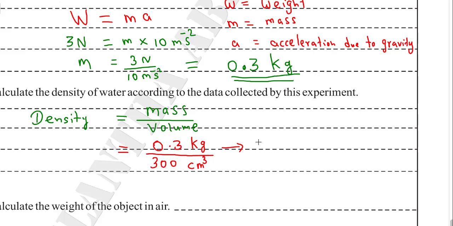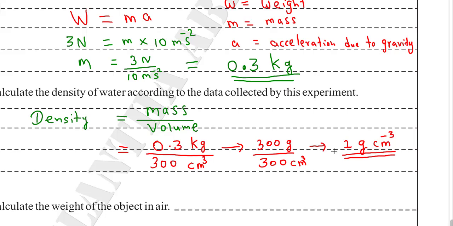The 0.3 kilograms means the 300 grams. That means mass 300 by volume 300. Answer we can get as 1 gram per cubic centimeter. This is one method, right?